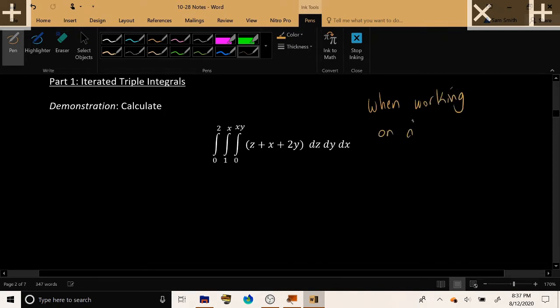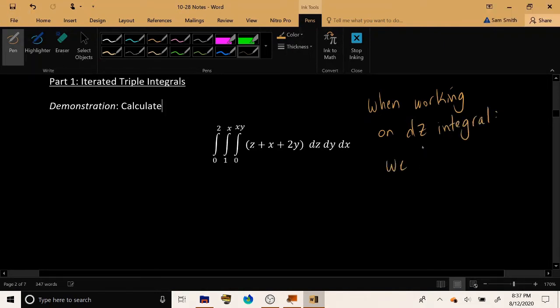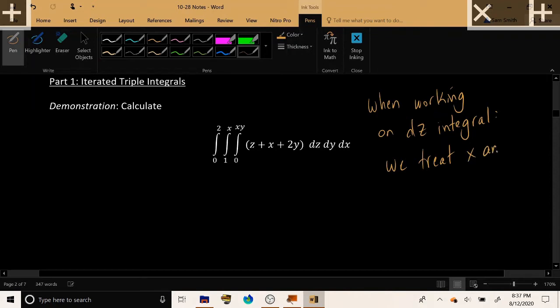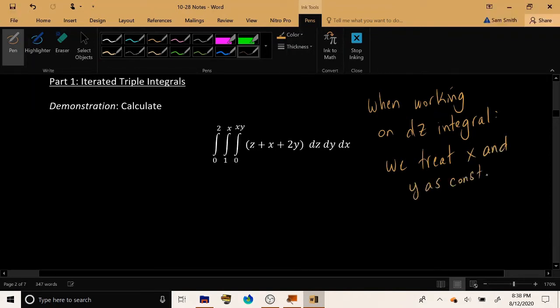Now, when we are working on the dz integral, just as before, we treat the other variables, the ones that are not active, x and y, as constants, as we did when we were doing partial derivatives as well.